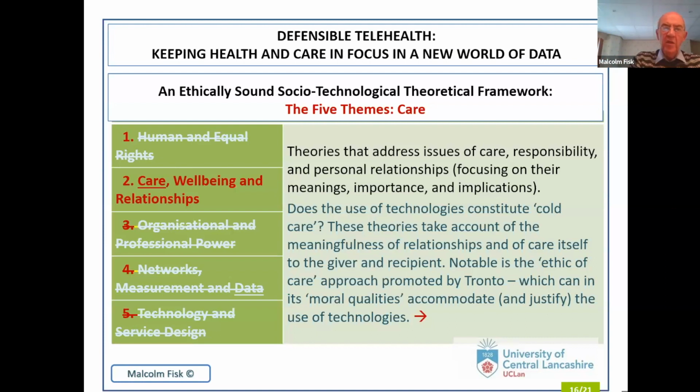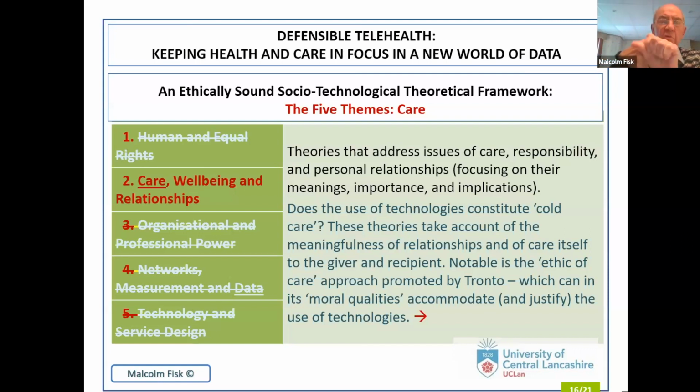In looking at the issues of care, I've taken particular account of the work of Joan Tronto, an American social theorist, because that helps us to justify the use of technologies. Amongst the different parameters she sets out, there are issues about attentiveness, the way that people keep an eye on others in a caring kind of way.